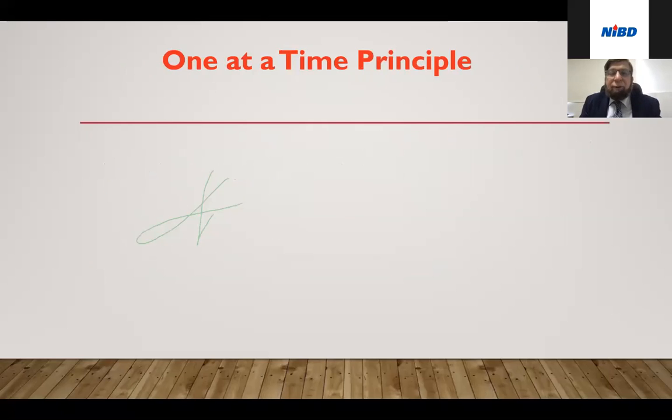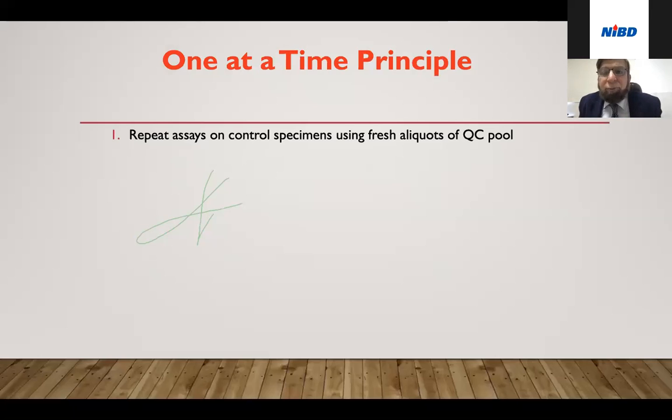So we call it the one at a time principle. It says, first, it's not necessary that you follow this order, but it is quite a logical order. Repeat assays on the control specimen using fresh aliquots of the QC pool. Usually, in most laboratories, when you reconstitute the lyophilized QC material with distilled water, usually 5 ml of distilled water is added.